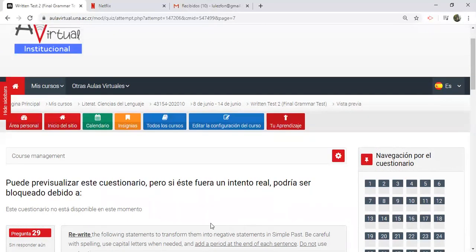So I gave you a complete sentence. You write exactly the same sentence again, but as a negative statement. Be careful with spelling, use capital letters when needed, and add a period at the end of each sentence. If you don't add the period at the end of the sentence, the answer is going to be incorrect. And do not use contractions, okay?